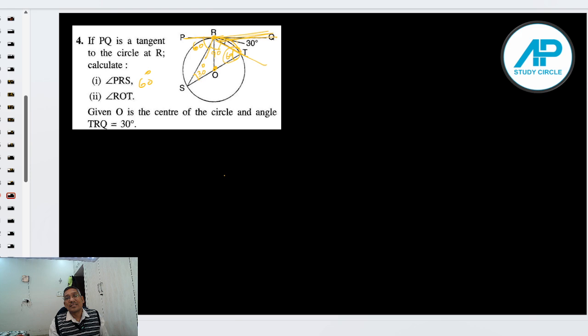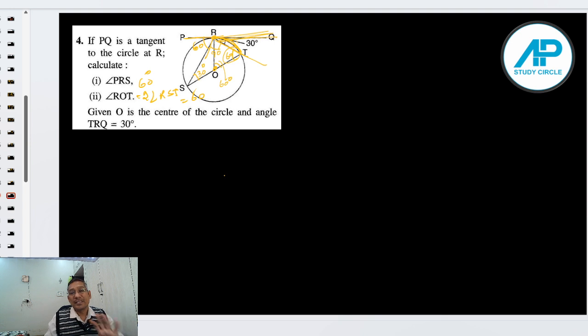RT is the arc. RST is half the angle ROT. So ROT is double the angle RST, equals twice RST. This angle becomes 60. I hope you understand. So angle ROT is equal to 60 degrees.